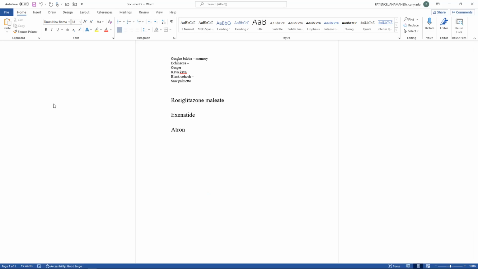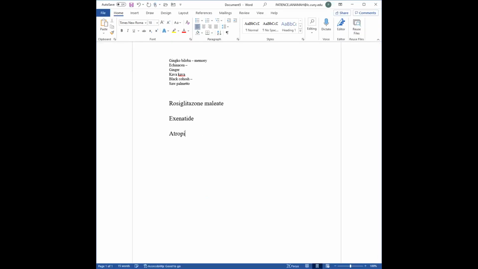I'm typing it. So if you want to kickstart the heart to beat faster, atropine is used for bradycardia. It speeds the heart rate. It makes the heart rate go up higher. So for a patient whose heart rate is very low, you will give them atropine.